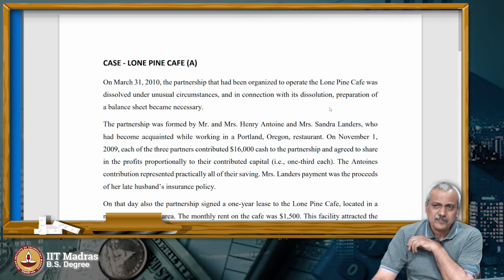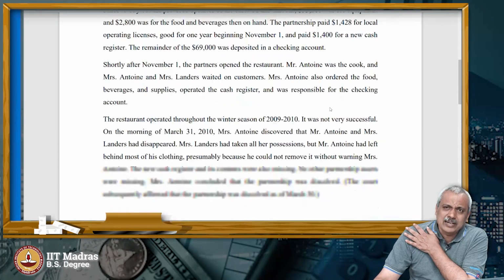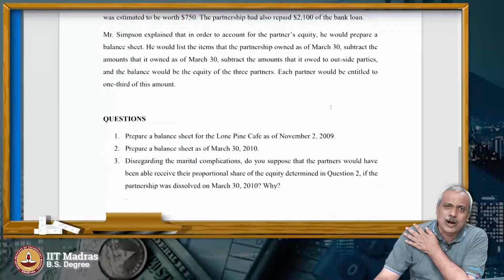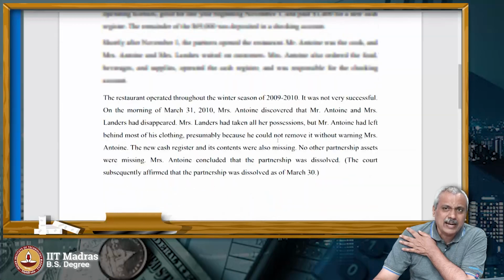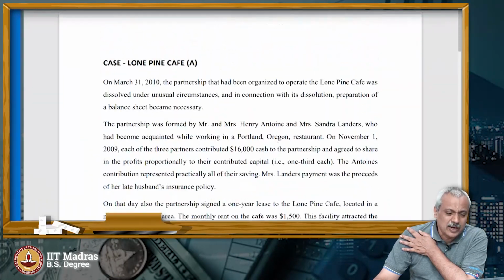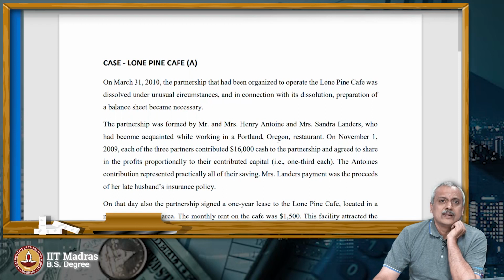Now what are we looking at? Let us move to what is required here. They say: prepare a balance sheet for the Lone Pine Cafe as of 2nd November 2009, and prepare a balance sheet as of March 30th, 2010. Why have they asked me to prepare these two balance sheets? Let us go back and read through this entire case.